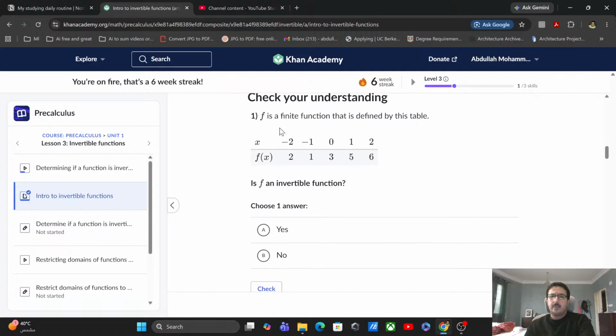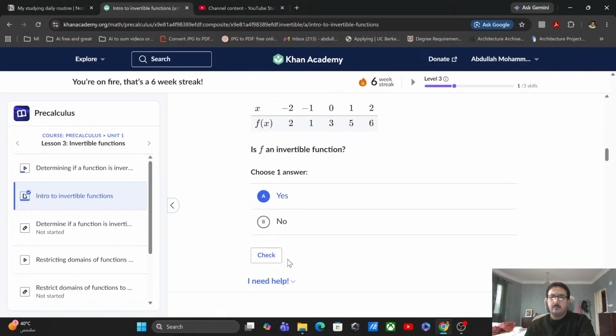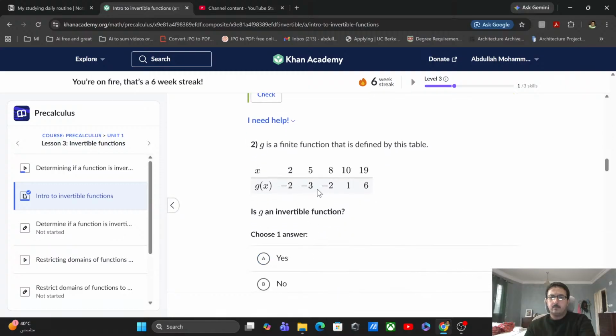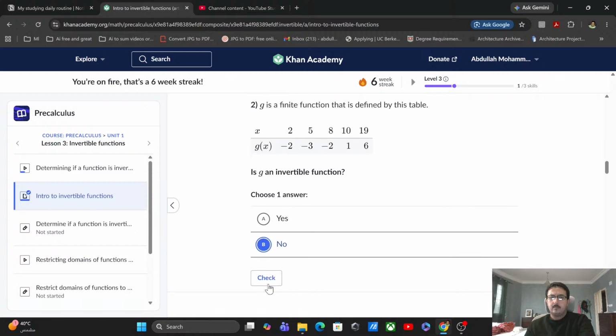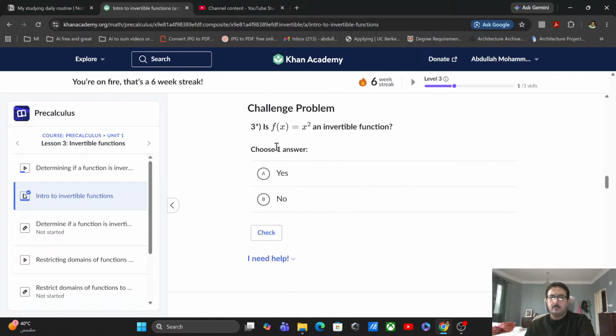Check your understanding. Is a finite function that is stable invertible? Nope.